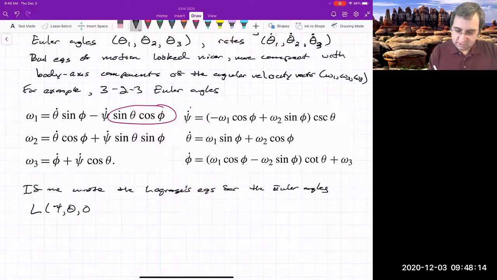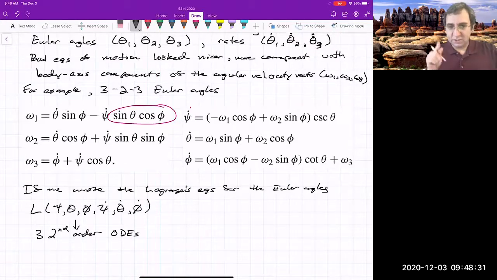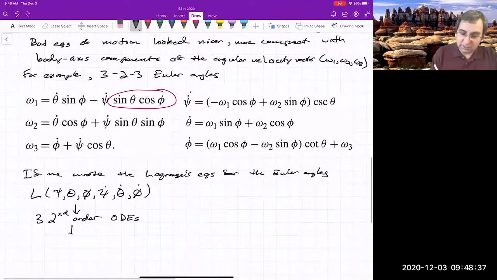Psi, theta, phi, and psi dot, theta dot, phi dot. This gives us 3 second order ordinary differential equations. And each second order ODE can be turned into 2 first order ODEs. So we got from this 6 first order ordinary differential equations.